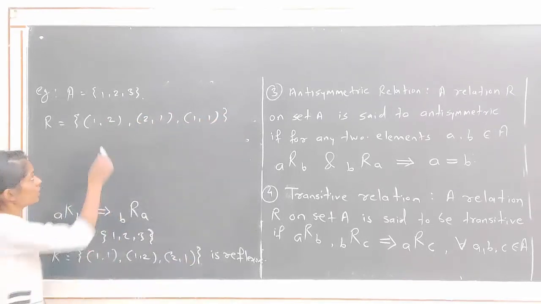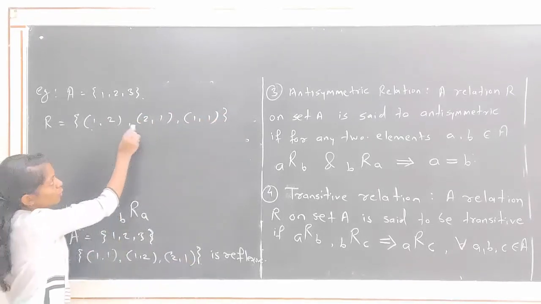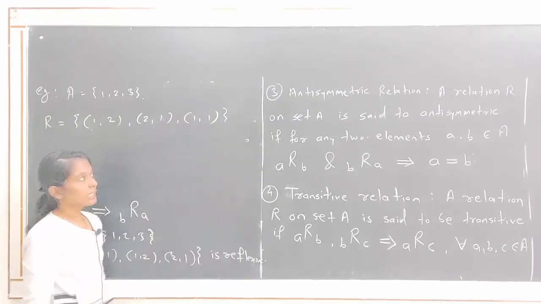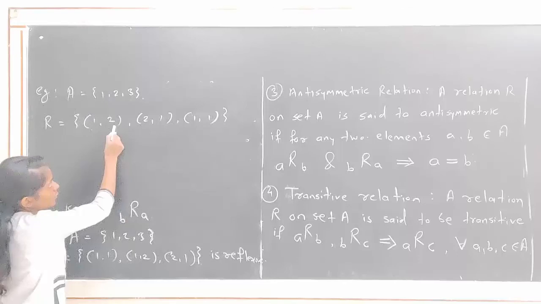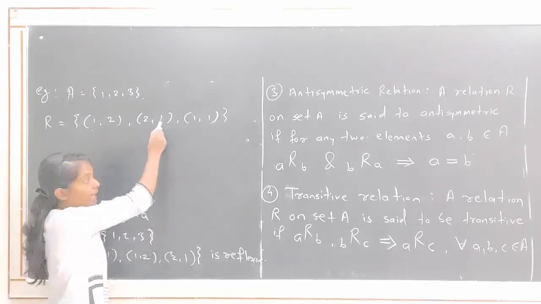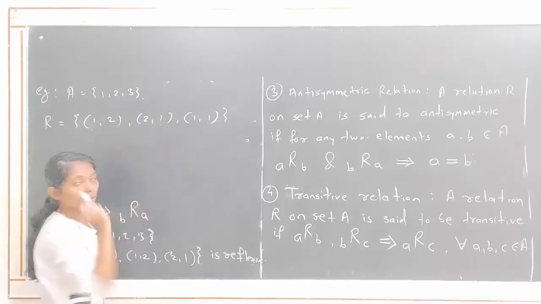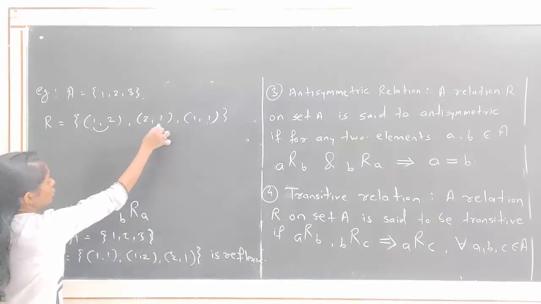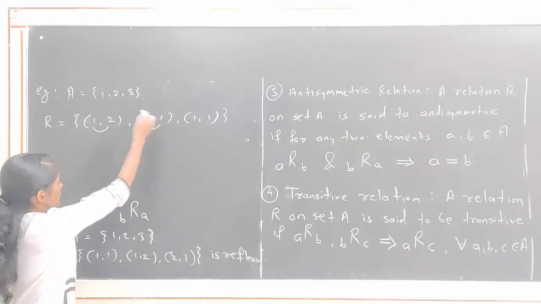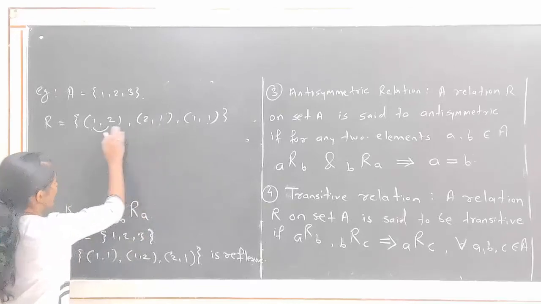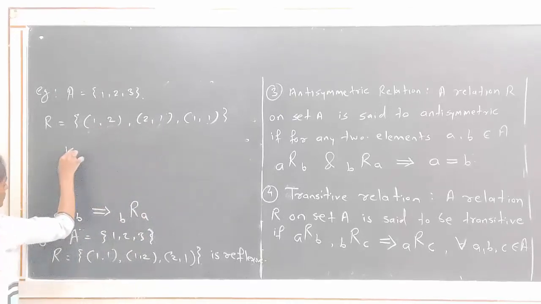So 1 is related to 2, 2 is related to 1 and 1 is related to 1. That means A related to B, B related to C and A related to C. That's why R is transitive.